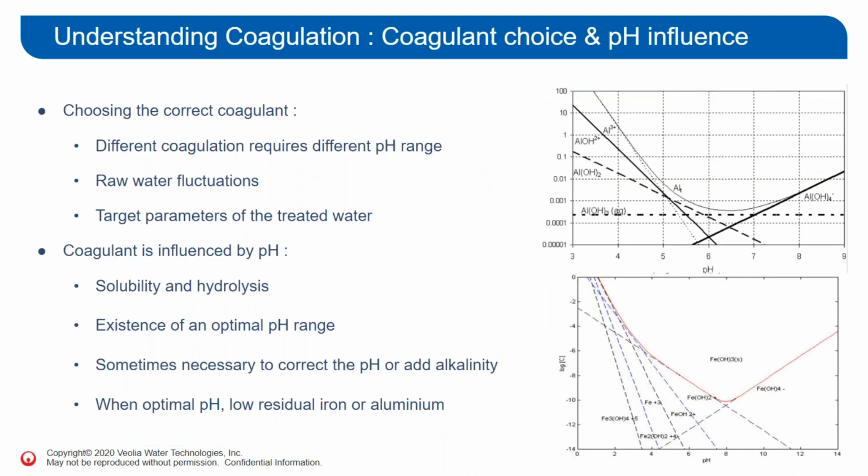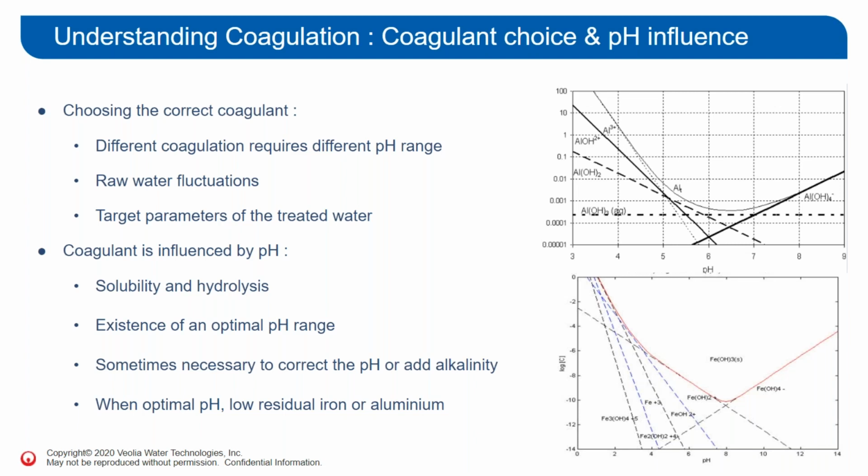Getting back into the coagulation a bit, as Brian stated, the metal salts that we use for coagulant are typically iron and aluminum based, and that difference between the two really establishes where in your pH range you want to be, and obviously the fluctuations in your raw water are going to drive that one way or the other, whether it's just your hydrology or if you have pH adjustment somewhere along the way.